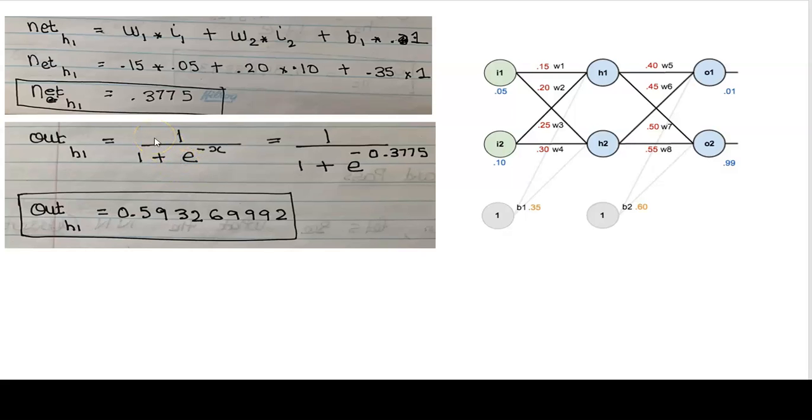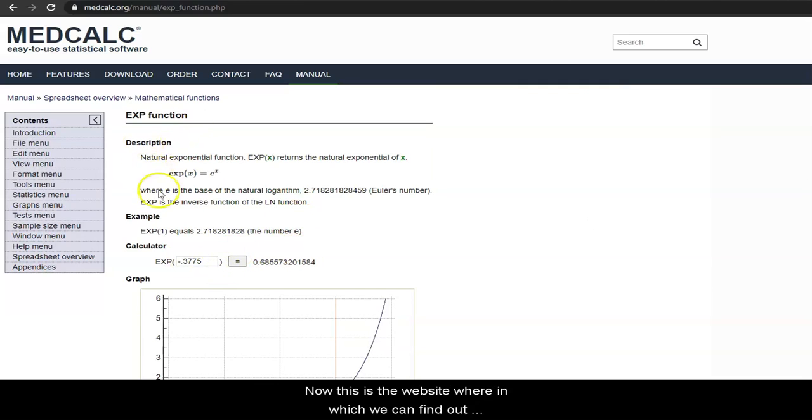So we have calculated the net input for my neuron H1, that is net H1 is equal to 0.3775, and we have then passed it through a sigmoid activation function, which is 1 by 1 plus e raised to minus 0.3775. Now this is the website where we can find e raised to any expression.